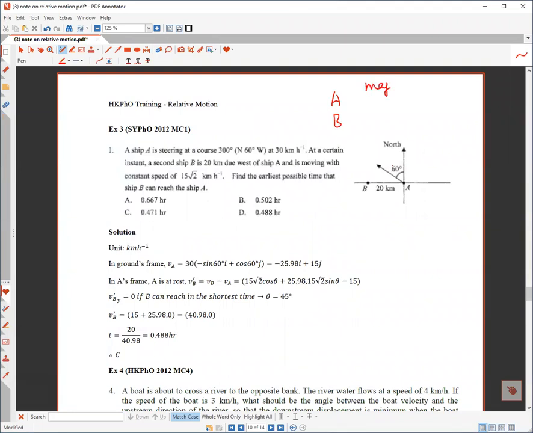Then the magnitude, we know this is 30. We know this is 15 square root 2. And the direction, this one is known, this one is unknown. And we want to find the earliest possible time ship B can reach ship A.